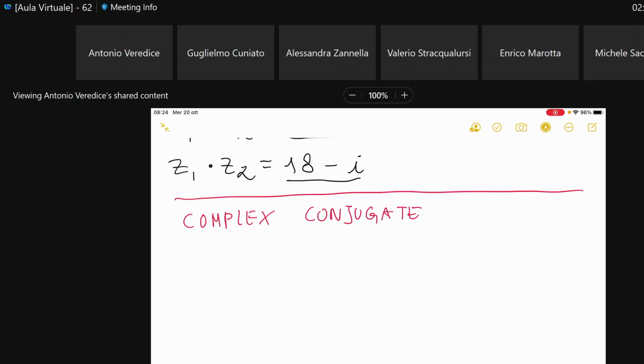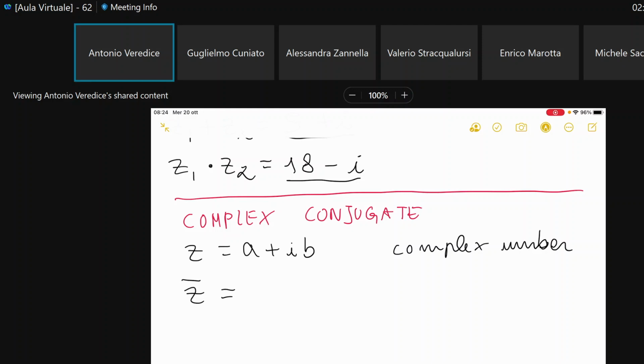What I mean by the complex conjugate: if I consider Z, a complex number, its complex conjugate is Z overlined, and it is simply the same complex number with the opposite sign between the real part and the imaginary part.